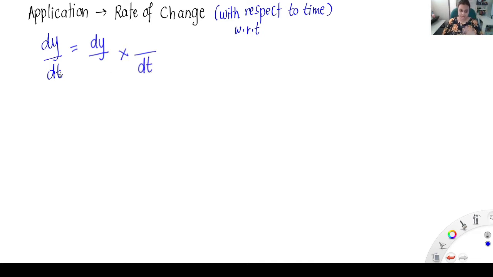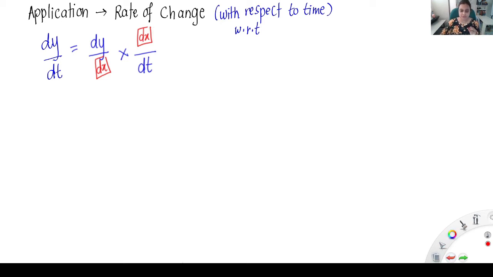Since we want dy/dt, this part and this part of the differentiation will be the same, which is dx. So dy/dx times dx/dt, because when you cancel off the dx, you get back dy/dt. Now let's look at an example.